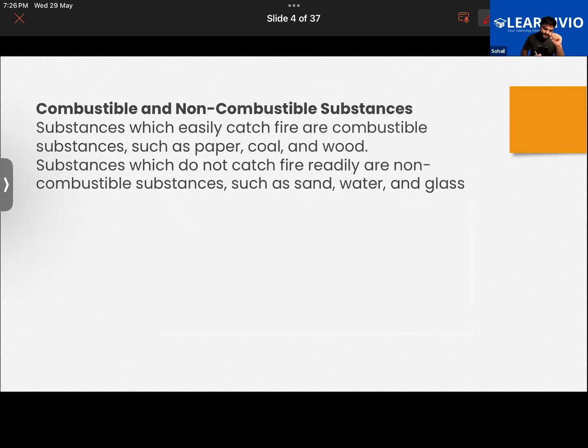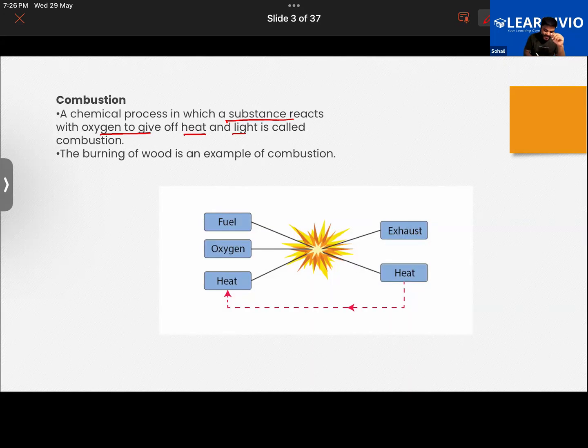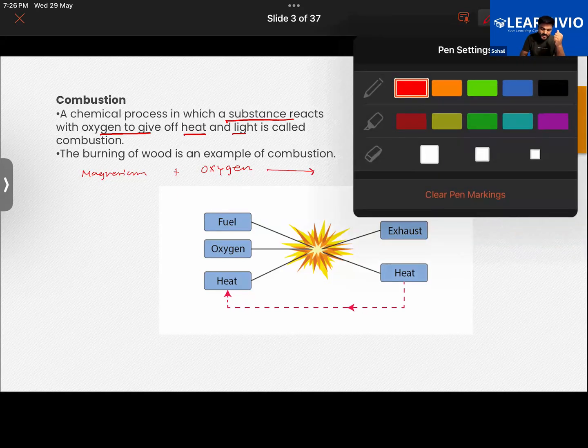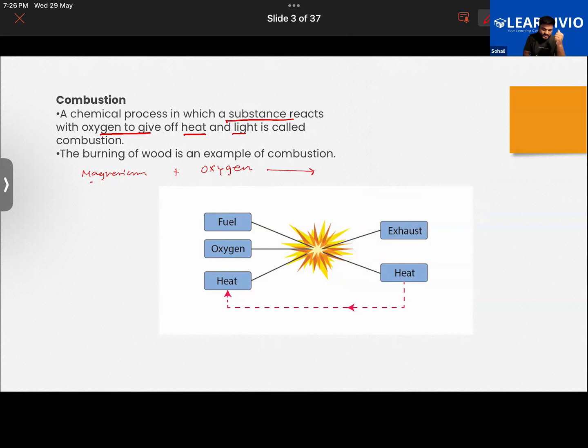Say for example, you were to have magnesium. Normally it will not react with oxygen. But if I provide the required ignition temperature, if I heat it, then it is going to react with oxygen.